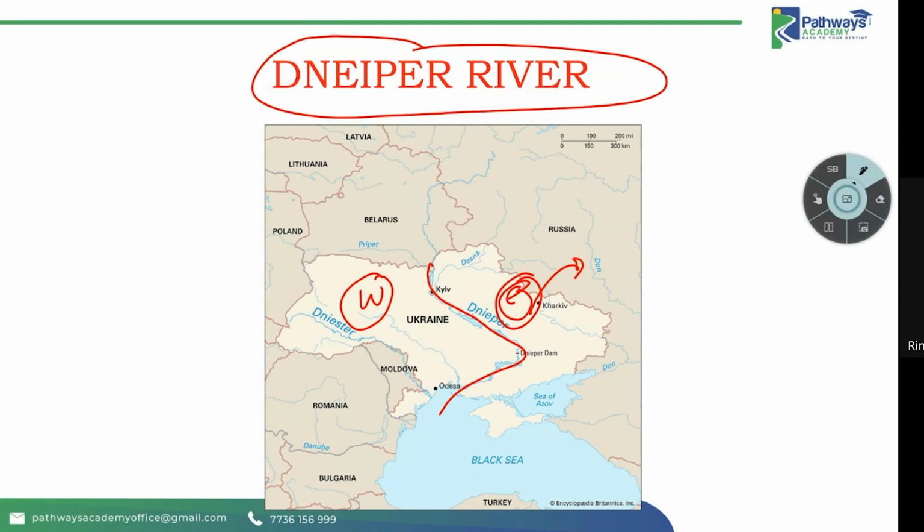Then if they ask about the Dnieper River, it originates from Russia. Please write it down. It originates from Russia, then passes through Russia, Belarus, and Ukraine, and finally drains into the Black Sea.